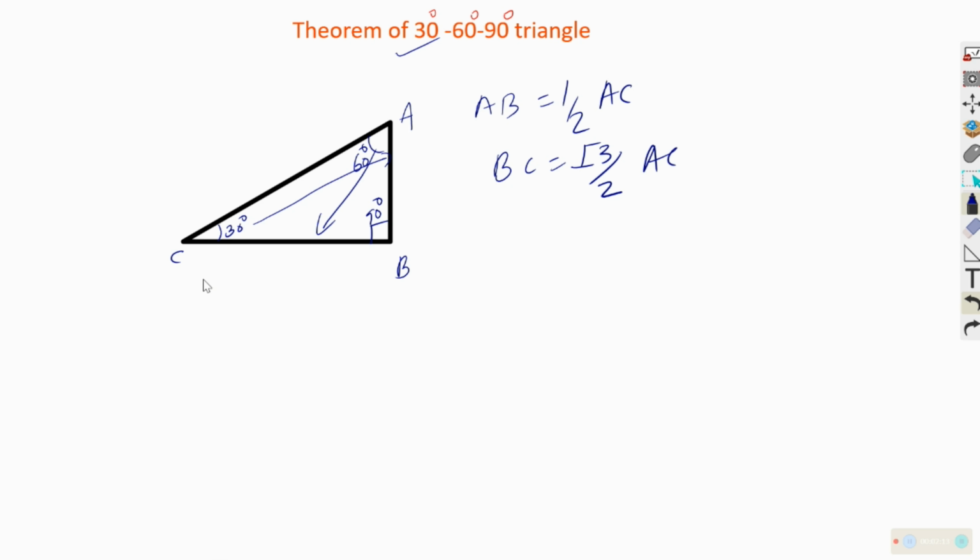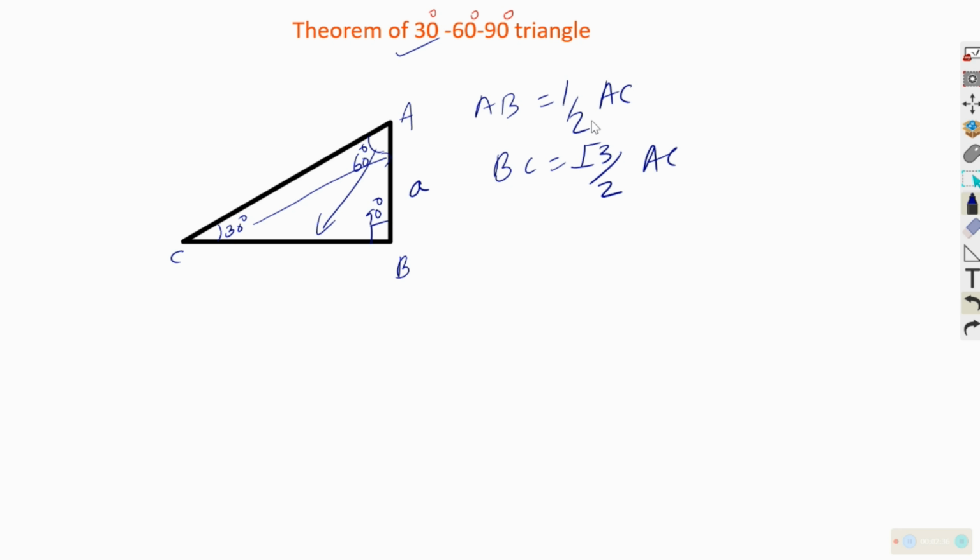Suppose I write this triangle in such a way that this side is equal to A. So naturally A is opposite to 30 degree.